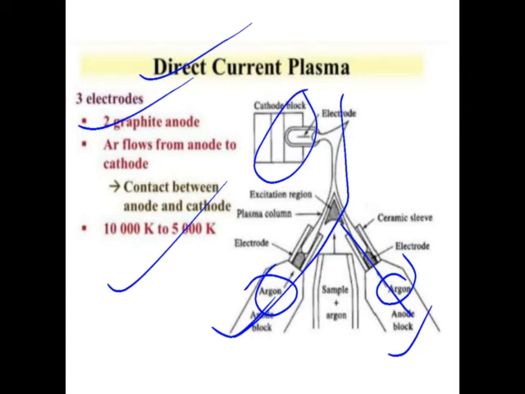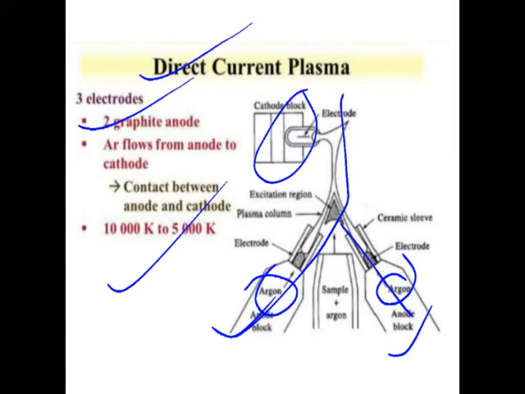So there are several disadvantages with respect to the inductively coupled plasma. It has lower sensitivity, and the spectra generated by this DCP present fewer spectral lines. The samples are often incompletely volatilized due to the short amount of time.